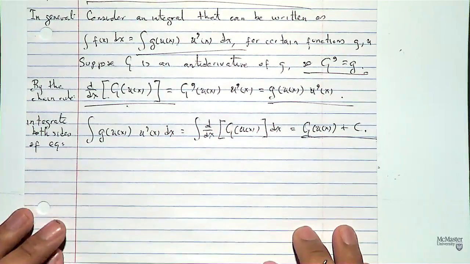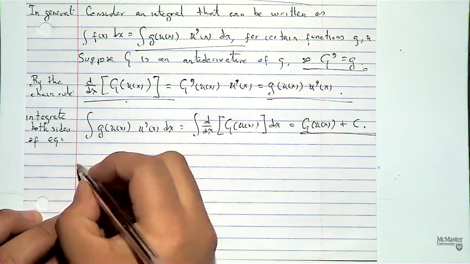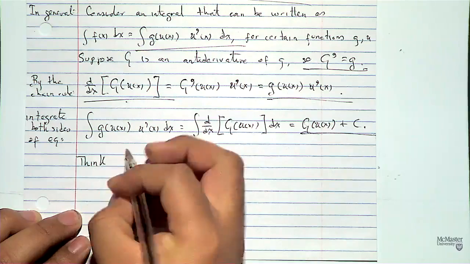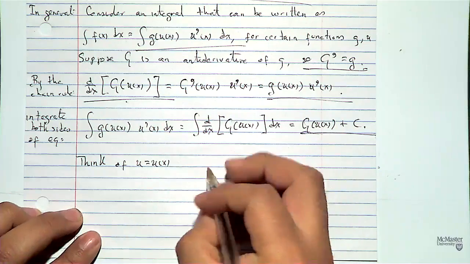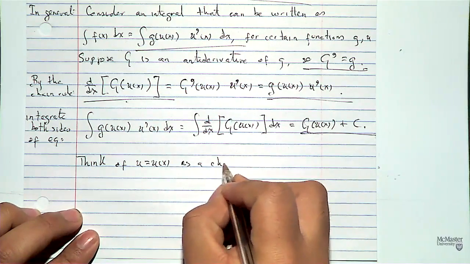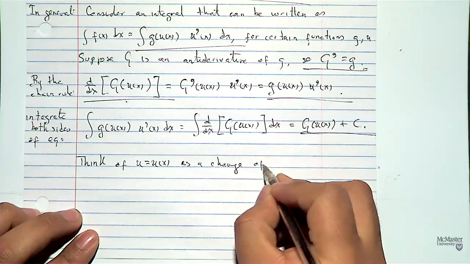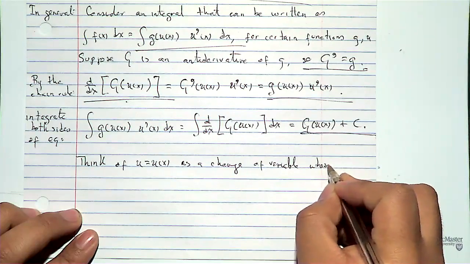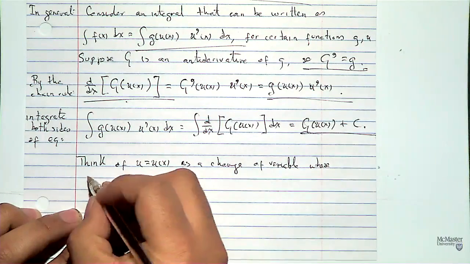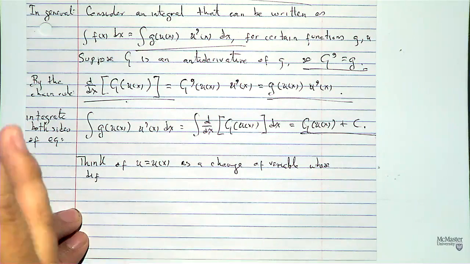So the moral of the story is to think of u, which is a function of x, u of x, as a change of variable whose differential, so differential is this delta u thingy.